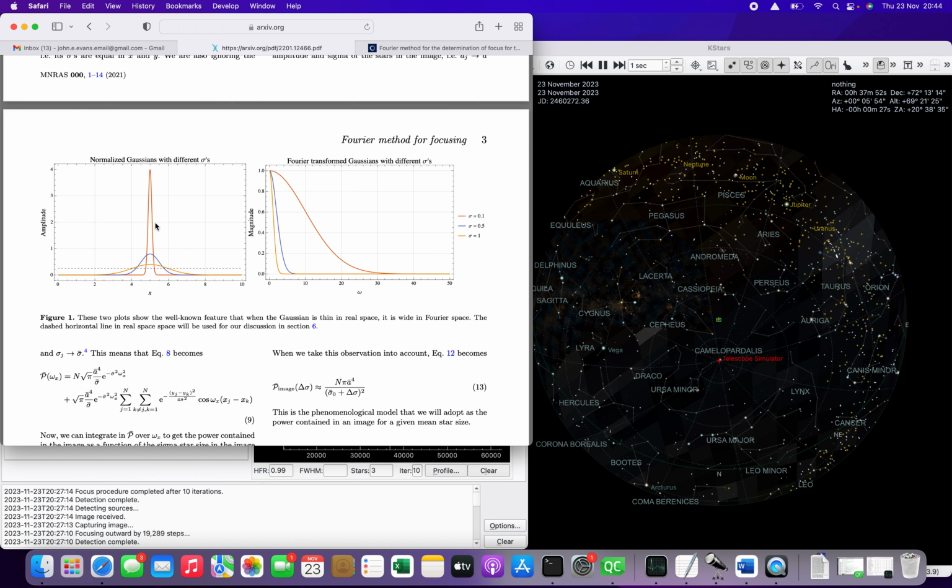But the thing to notice, and this is key to the theory that these guys developed, is that a narrow Gaussian, in this case this orange, very sharp peaked Gaussian, transforms to a wider Gaussian in Fourier space, which is this line here.